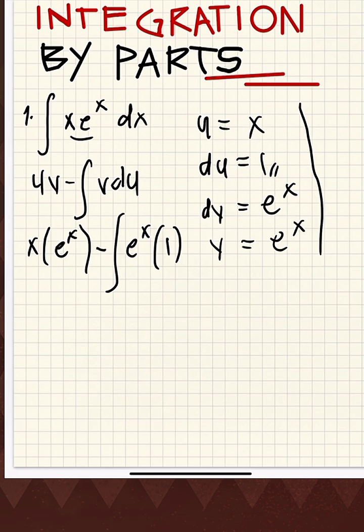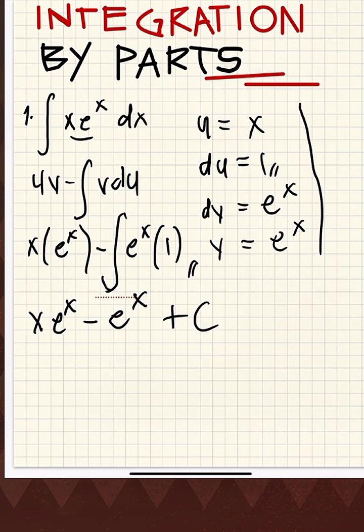Then the remaining integrand is here. So x multiplied by e raised to x minus, what is the integral of e raised to x? It is e raised to x plus c.